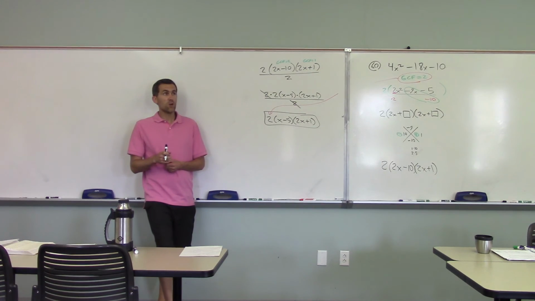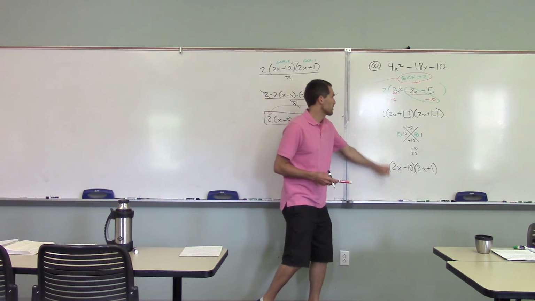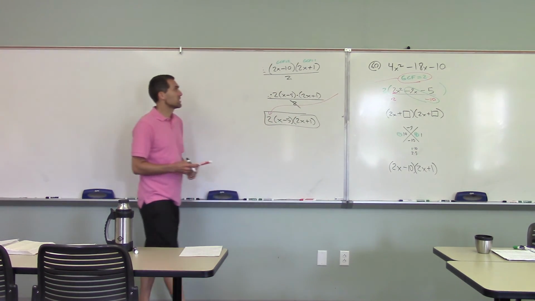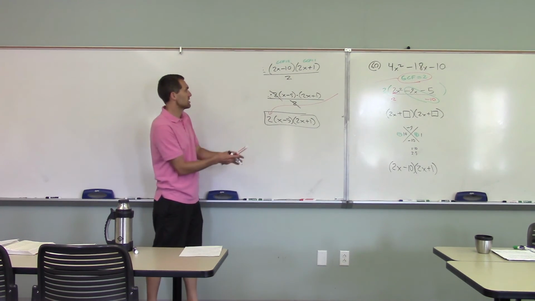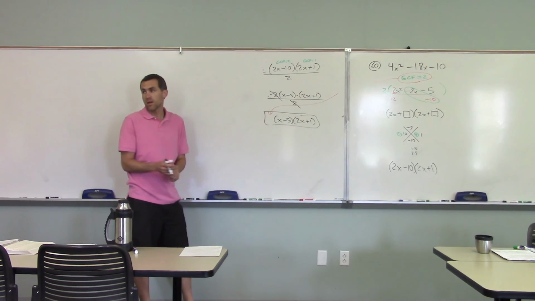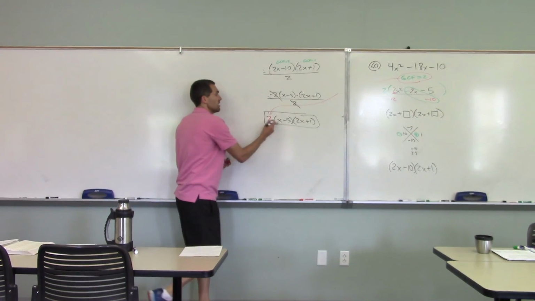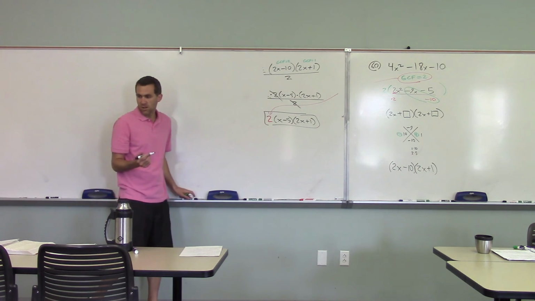I mean, no, but I would say you'll make more mistakes that way, because if that 2's not there, here or here, it's really common for people to just cancel out and be like, alright, my answer is, and it's not there at the end. But you absolutely could factor it out at the beginning and then just write it in at the end. That's totally correct, it just leads to more mistakes, that's all.